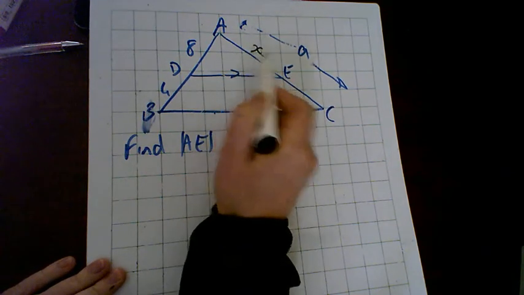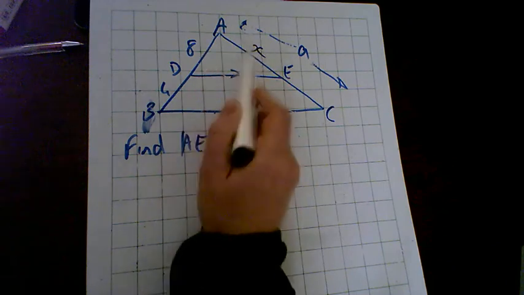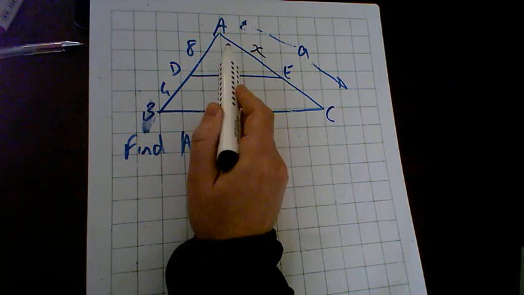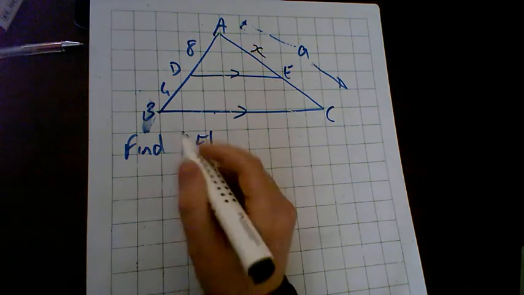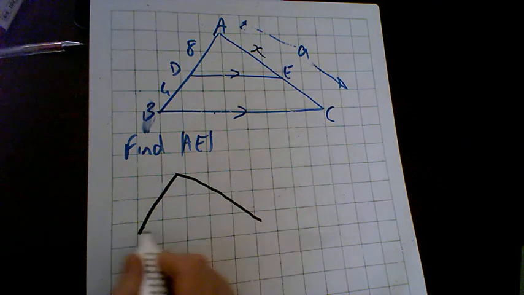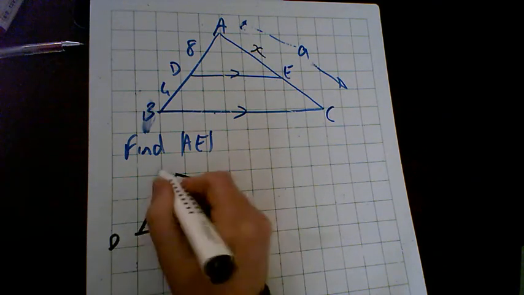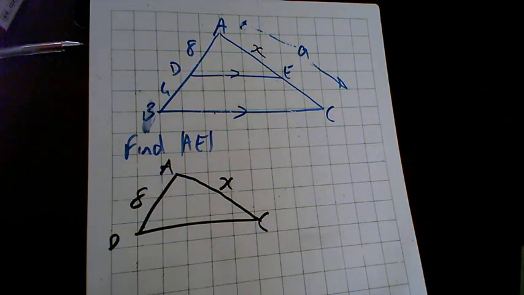We're looking for this in here. So I would say this is obviously part of the smaller triangle, whereas this length here is part of the bigger triangle. So where it's beneficial to me, I split this into two triangles and go back to my knowledge of similar triangles. So this is the triangle DAE, where this is 8 and this is X.